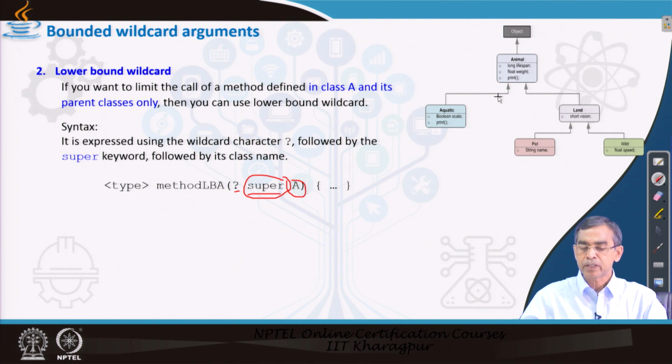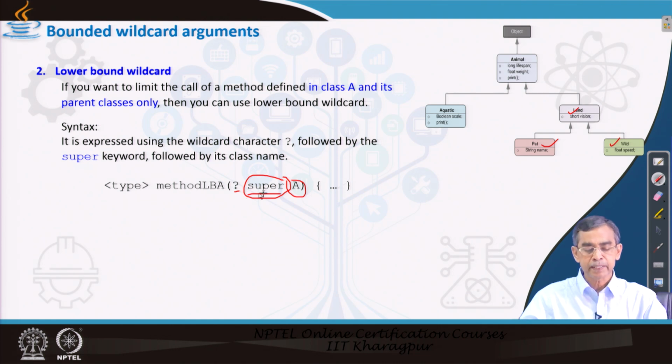So, what is the concept? If for a particular method defined in any class you use an upper bound, this means that the method has its scope belonging to this class or any of its subclasses. So, if we define a method here with an upper bound argument, then that method has its scope in this class as well as any of its subclasses.